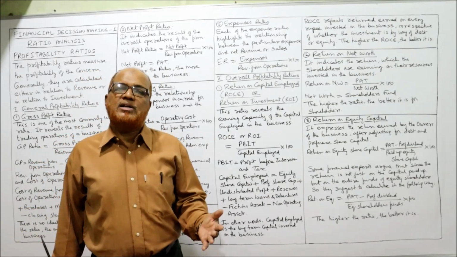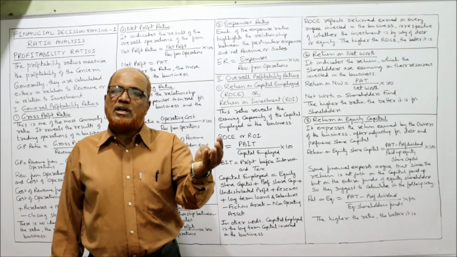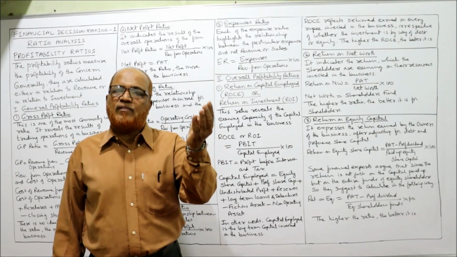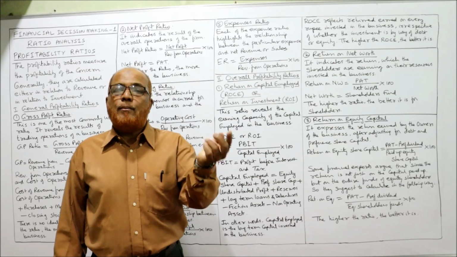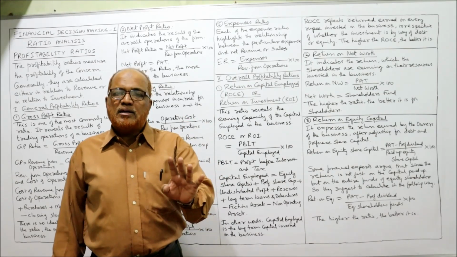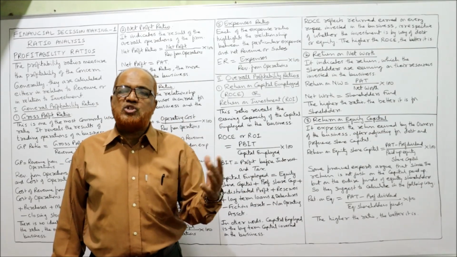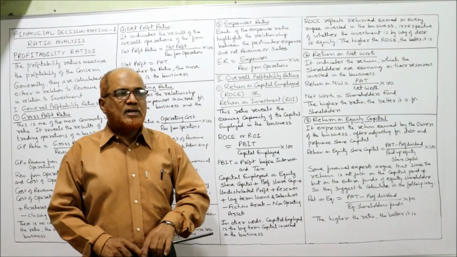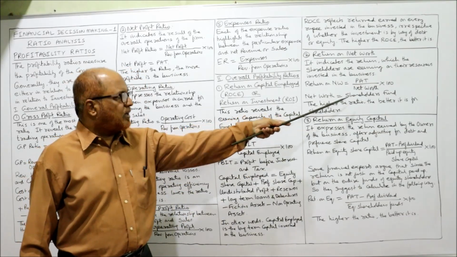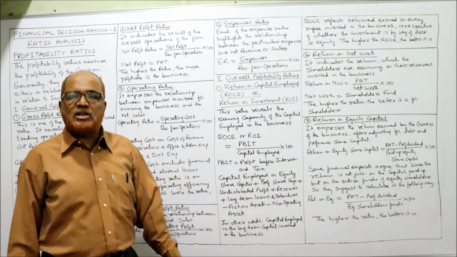Now what do you mean by shareholders fund? Equity share capital plus preference share capital plus undistributed profits plus reserves minus fictitious assets. So only share capital, whether it is equity share capital or preference share capital, both we are including. So net worth means shareholders fund. The higher the ratio, better it is. That is the return on net worth.